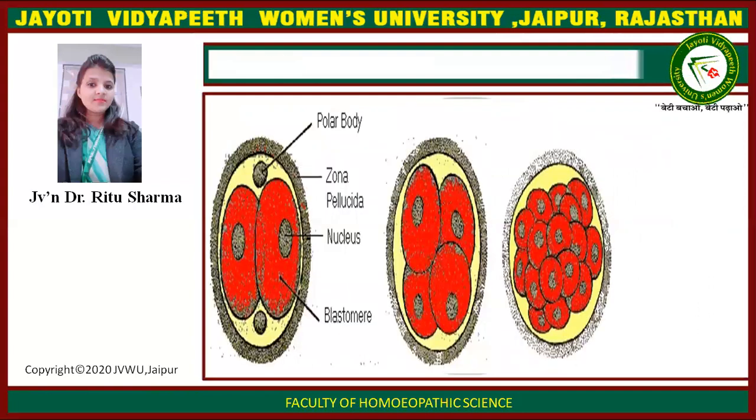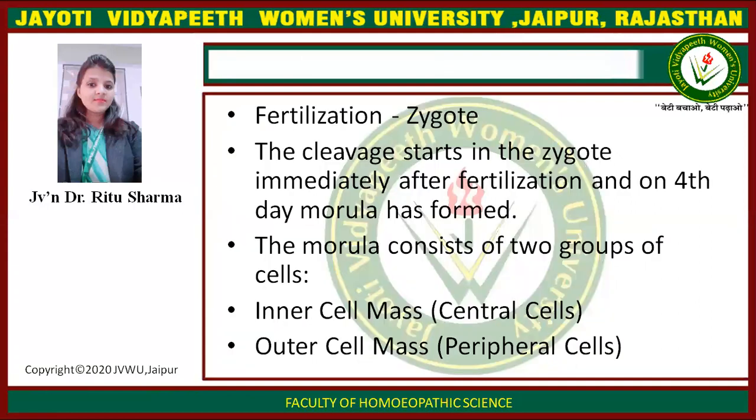The zygote divides to form the morula. Fertilization, zygote: cleavage starts in the zygote immediately after fertilization and on the 4th day the morula has formed.